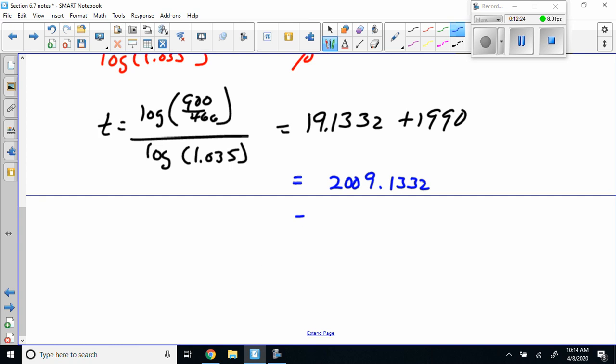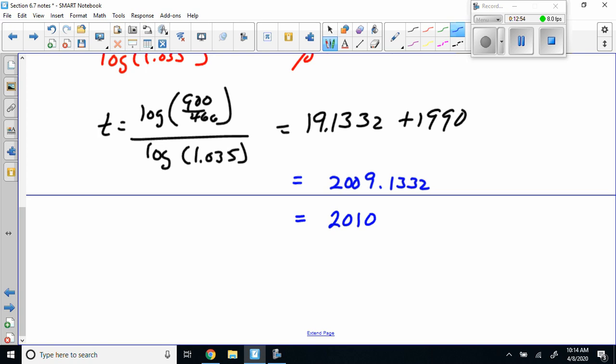So it may take 2009, but it didn't get to 900 million until somewhere after the beginning of 2009. So you could safely say 2010. That's what I would put, but if it comes back and says it's wrong, put 2009.